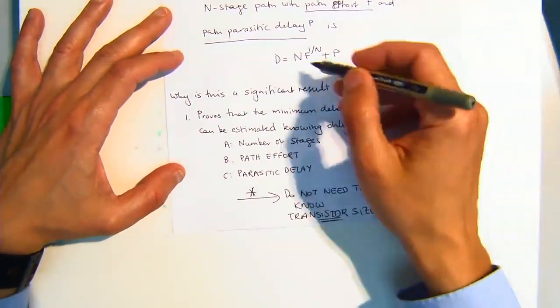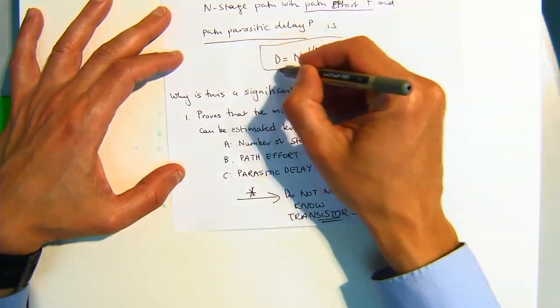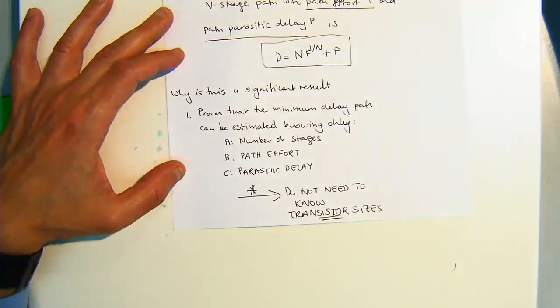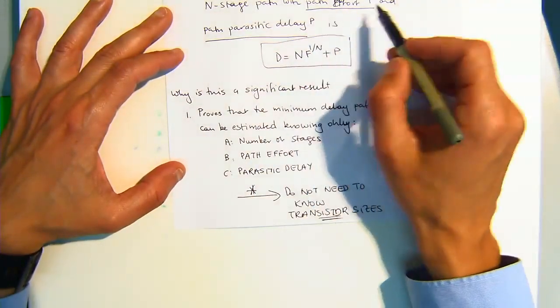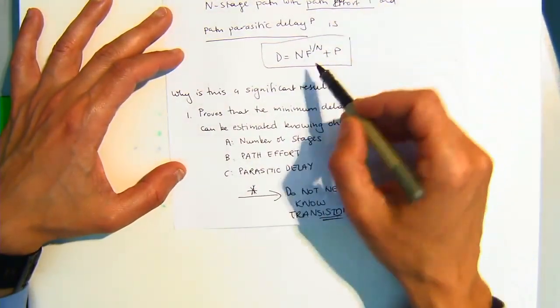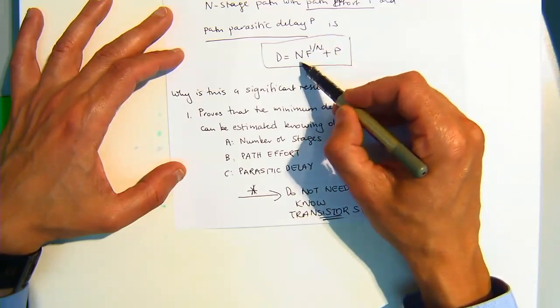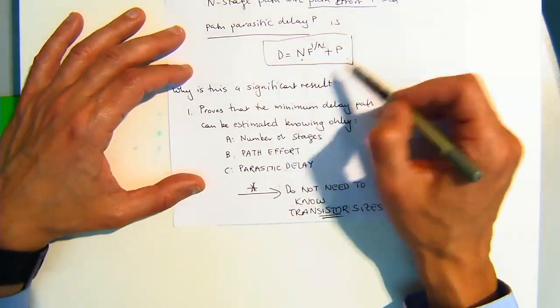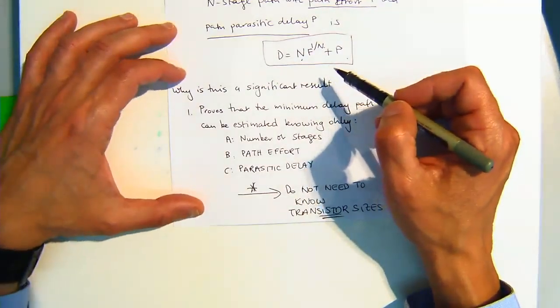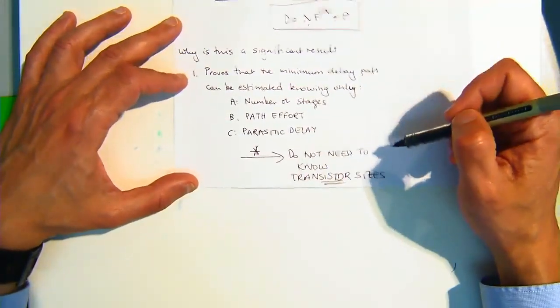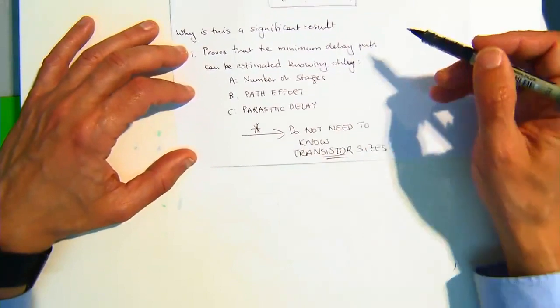So the minimum delay is equal to the overall path effort to the power of 1 on n, where n is the number of stages, times n, plus the parasitic delay. That's the total delay that you get in that path. And why is this result significant? I'd like you to go through this.